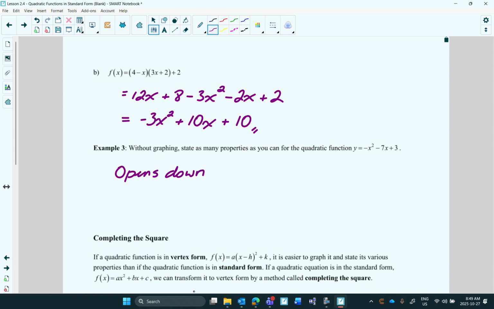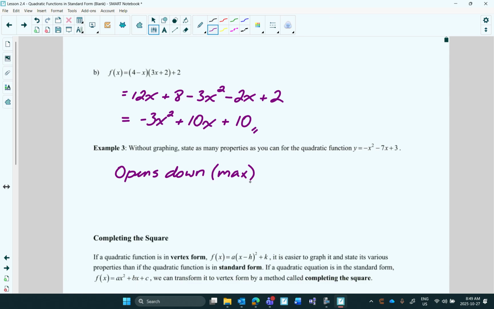Think of all the other properties we did. So we can't find the vertex in this form, which means I can't find the axis of symmetry. I know that there's a maximum because it opens down, but I don't know where it is. Okay?